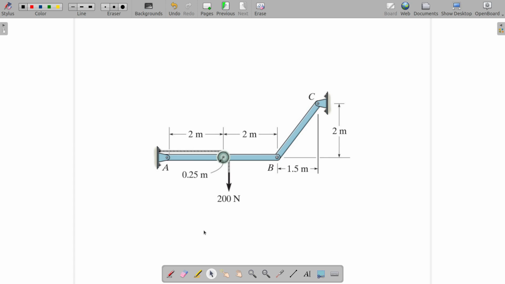So if we try to draw free body diagrams, let's draw AB first there and BC here. Okay, so this is AB and this is BC.